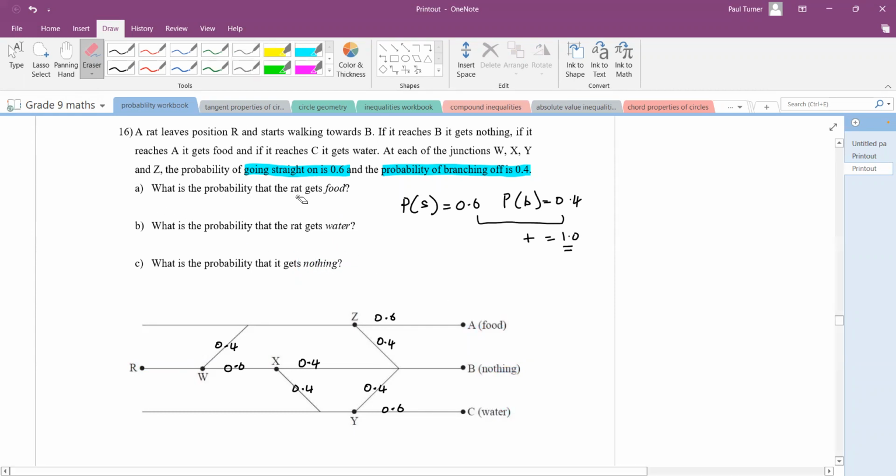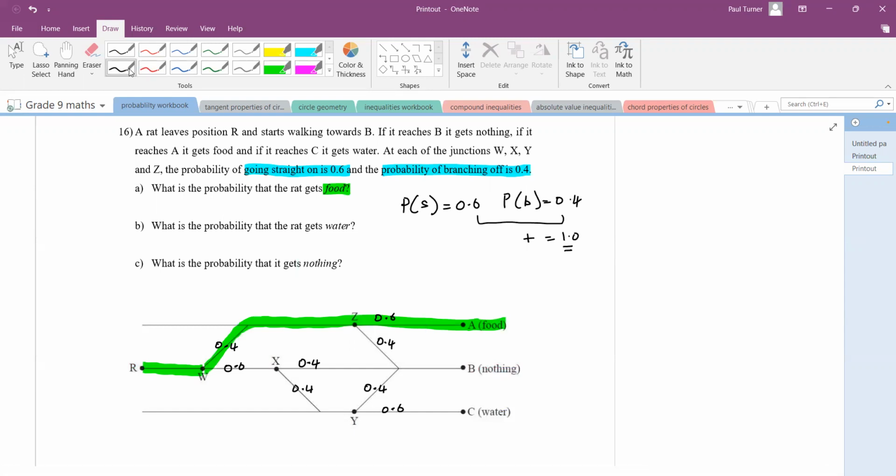So what's the probability the rat will get to food? And food is here. And bear in mind, we can only move in the forwards direction. We can't go backwards for these kinds of questions. So let's go forwards. And to get to food, you would have to go up and then across like this. So there's only one way you can go while moving in the forwards direction, moving to the right all the time.